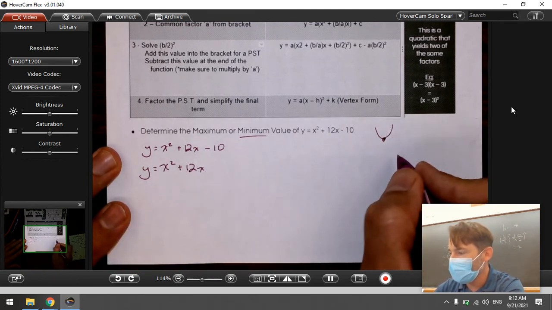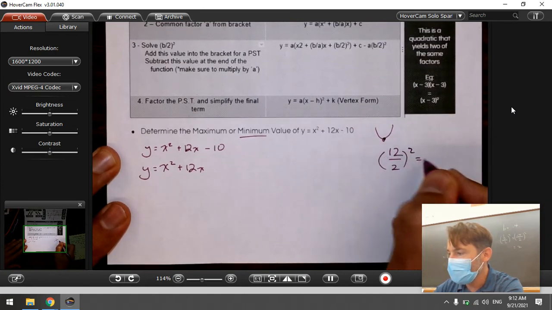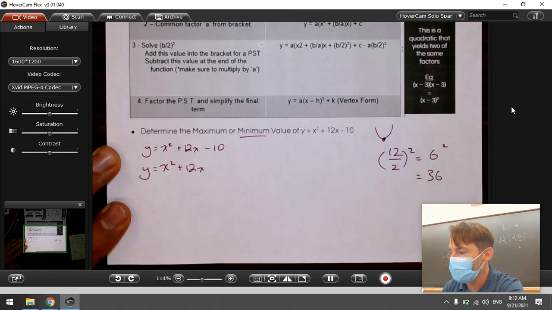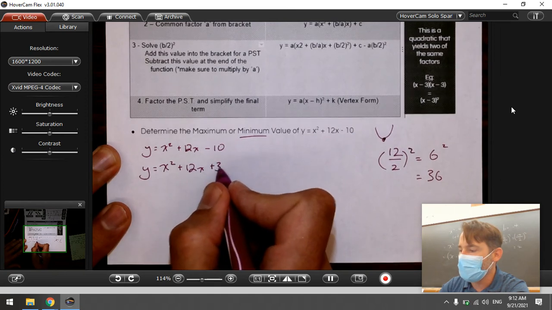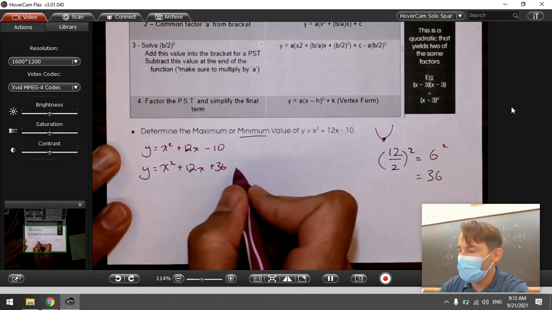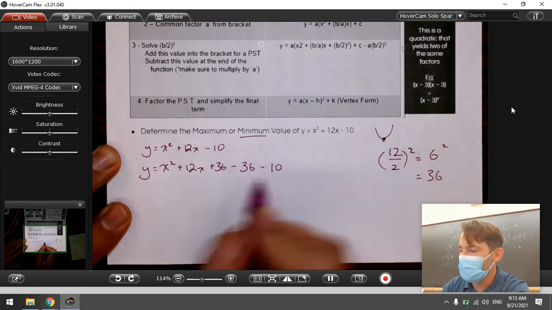And then I do a little bit of work over here. 12 over 2 squared is equal to 6 squared is equal to 36. I would really love it if I had a plus 36 here, but I better balance it. I better put in a negative 36, and then I have my minus 10, okay?